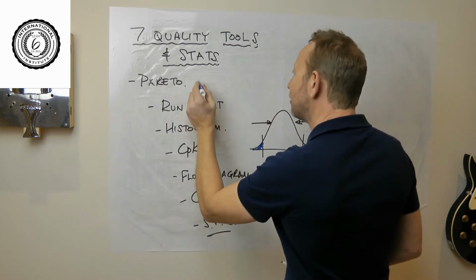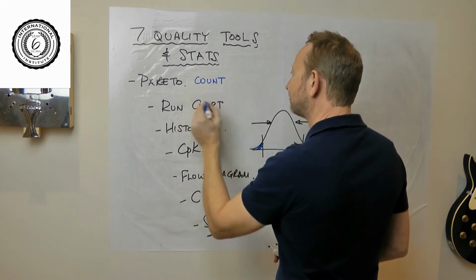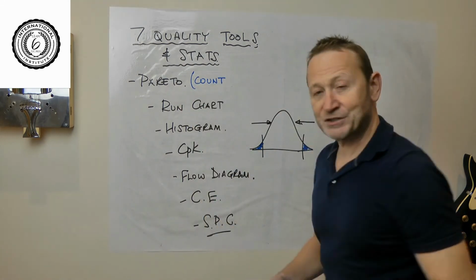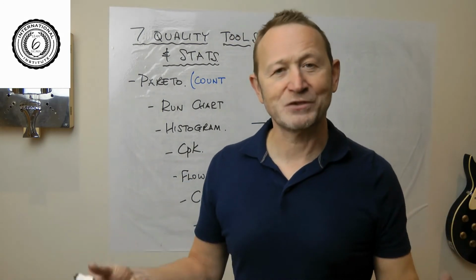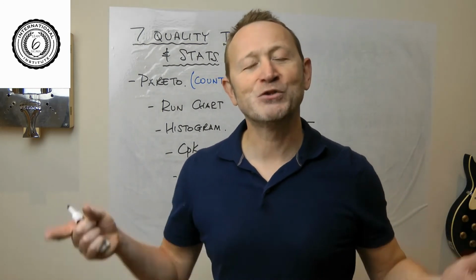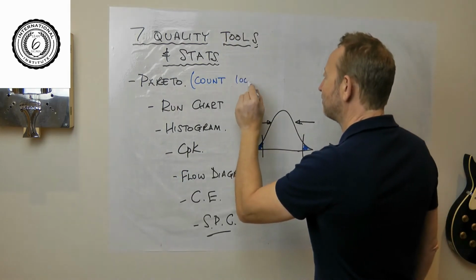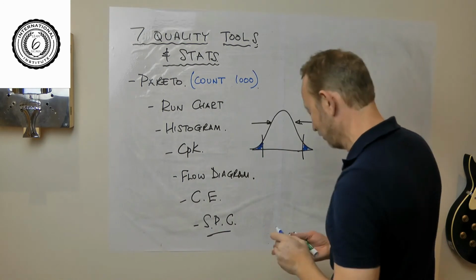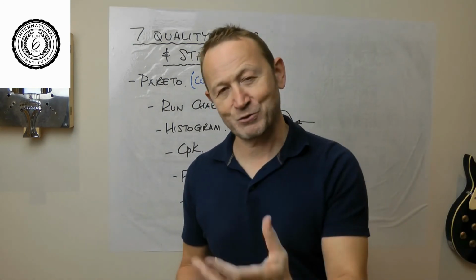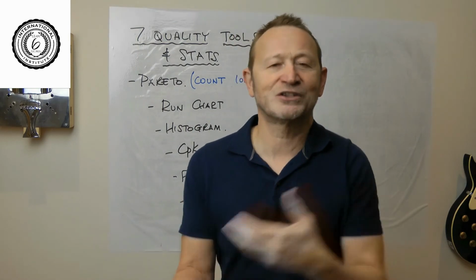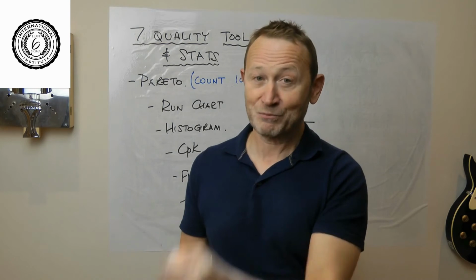Now the Pareto typically is count data. So because it is count data, the rule that we use for count data, the sample size, is between 1,000 to 3,000. So I'm typically going to err on the smaller side of that, and I'm going to look for 1,000 data points, 1,000 errors, 1,000 mistakes in order to get a good signal of what my biggest problem is.